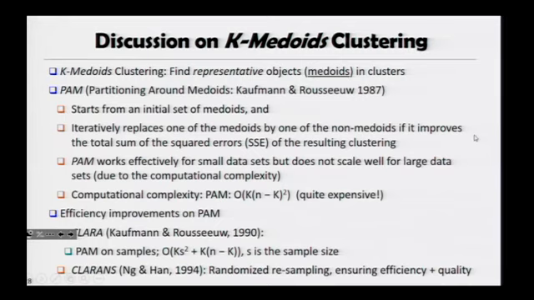My question is how you can define the center of the cluster so that it is robust to outliers. Can you come up with another case, not the k-medoid case? Anyone want to try? Yes.